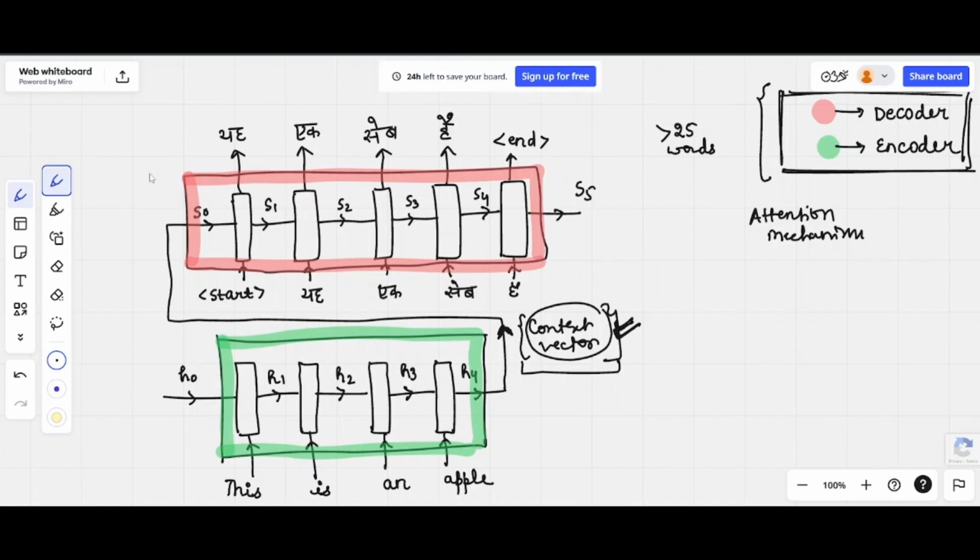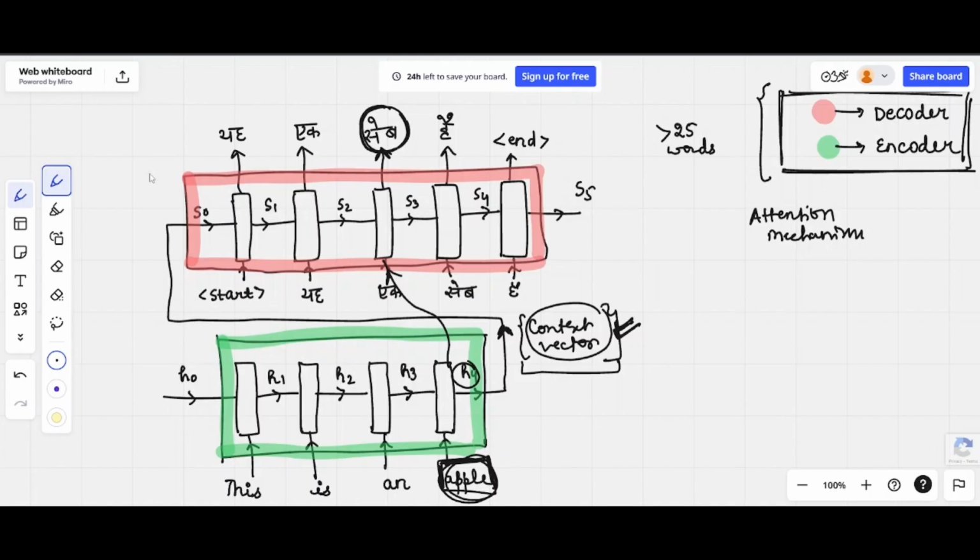It would have been better if somehow we could pass the information that, for example, in order to translate this word apple and get saib as output, this hidden state which we are getting from the apple input is the most important one in getting saib as output.